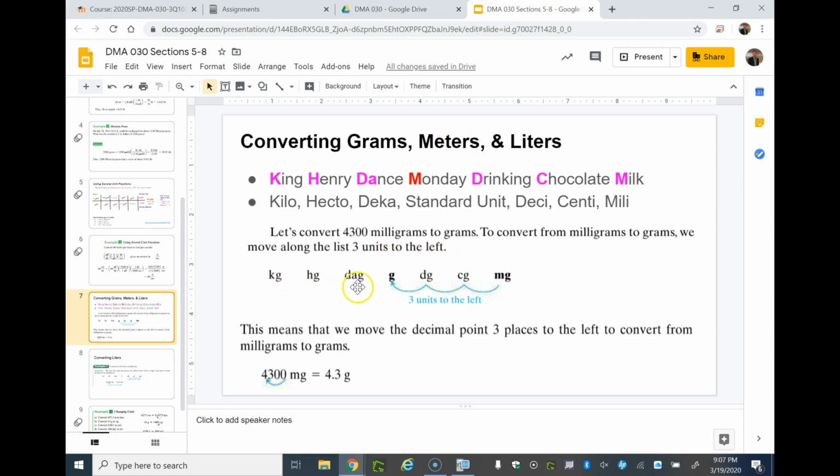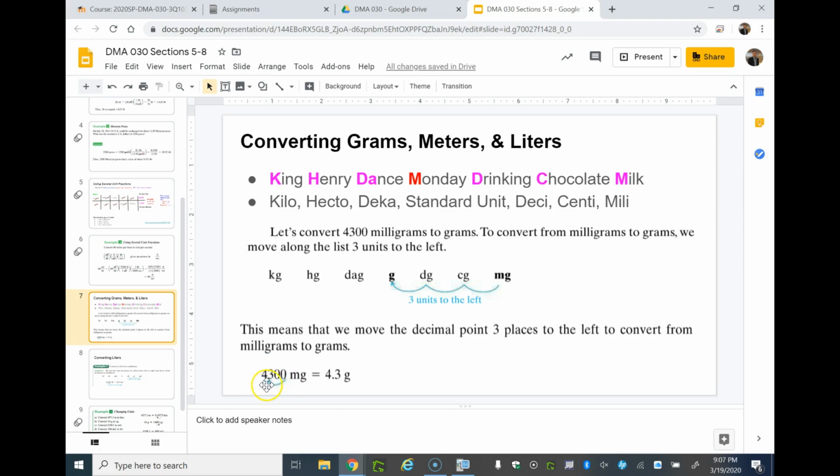So all we're doing is changing the back part of the prefix of each one of them to either G, M, or L. And then the middle one gets changed to the main letter that we're talking about. So for this one, we want to convert 4,300 milligrams to grams. How do we do that? You always use the first number here.